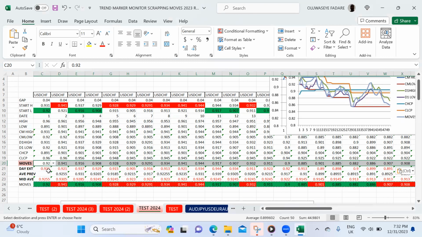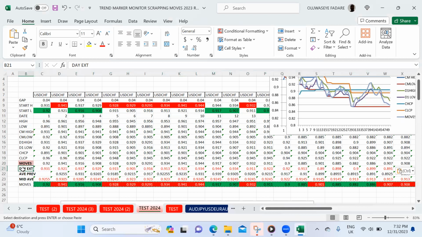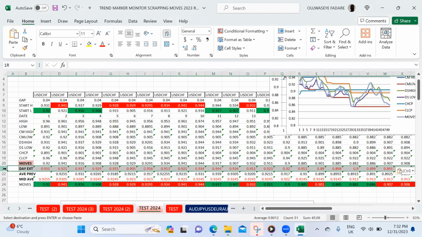The day extension is the reverse of the moves. As you can see, this is 0.931, which is the price in the white position. The next one is also the price in the white position. This line will reflect on the white prices.